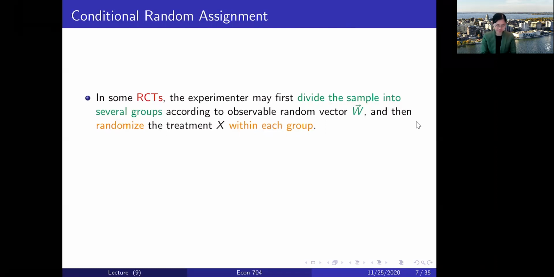So in this kind of RCTs, X is not completely randomly assigned. X is related to the W, right? X is related to the W, and if W is correlated with some of the factors contributing to Y, then X would be endogenous in that sense.